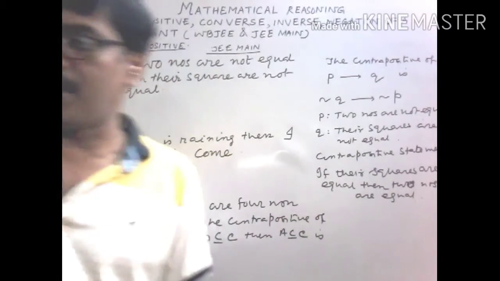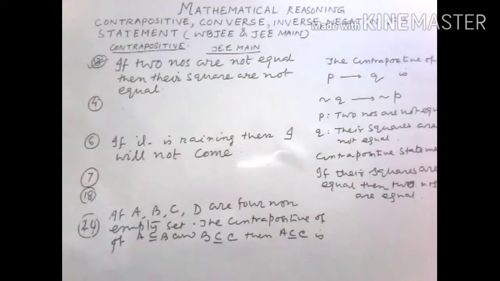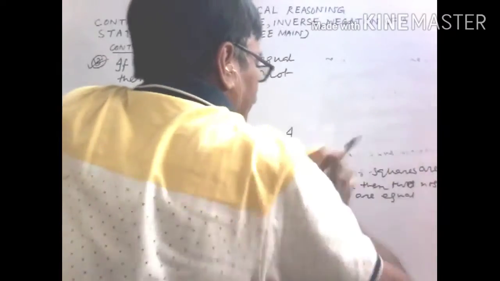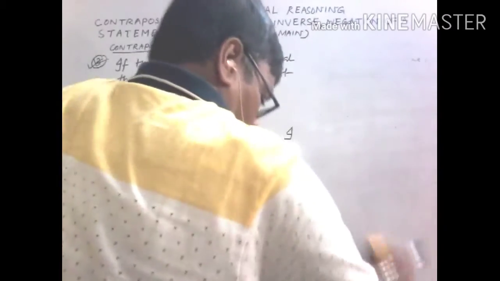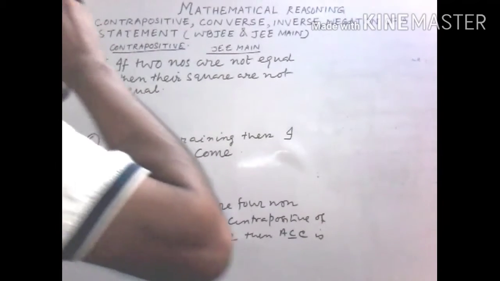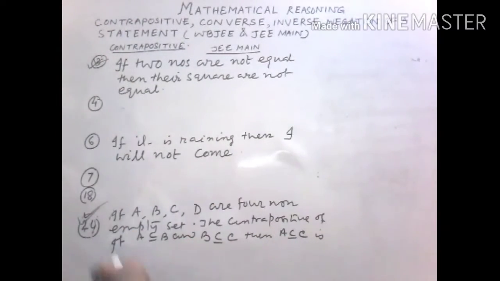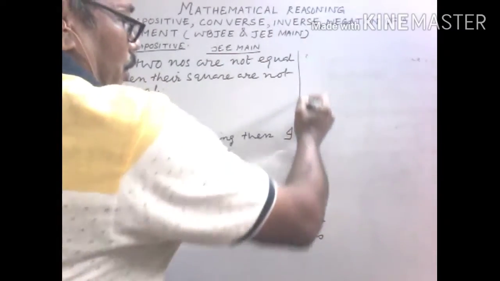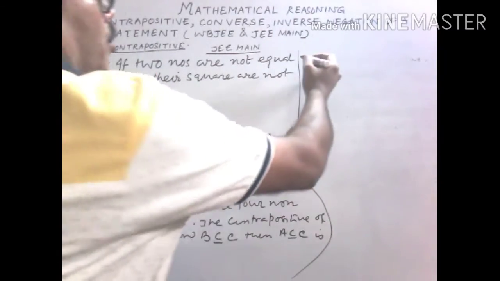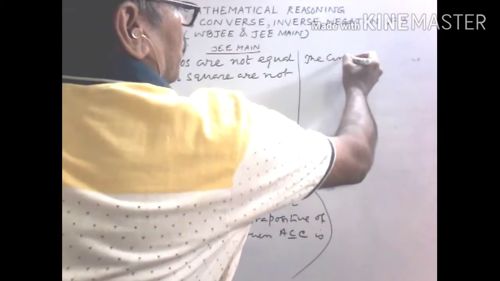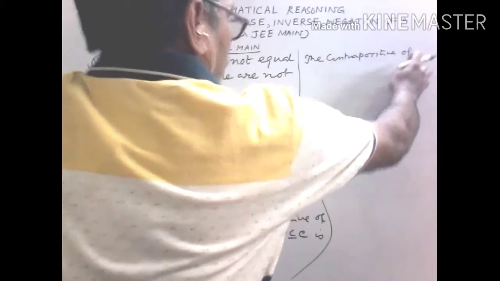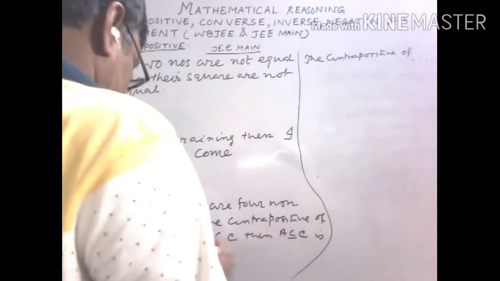Now we consider second one. Suppose problem number 24. So look, so contrapositive, so statement is reverse and then take negative. So problem number 20, the contrapositive statement of, so what is the statement?